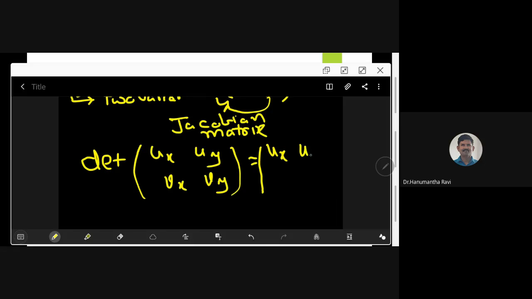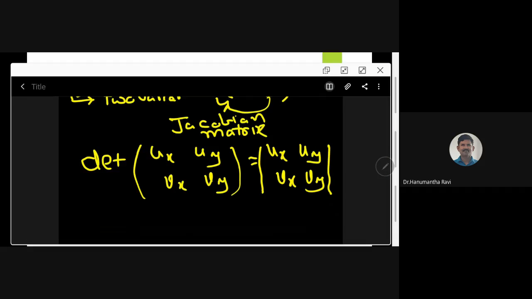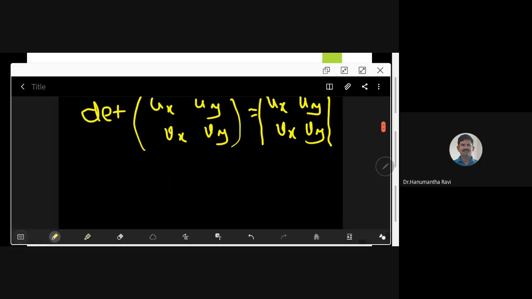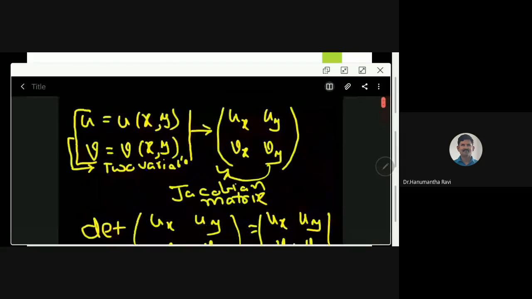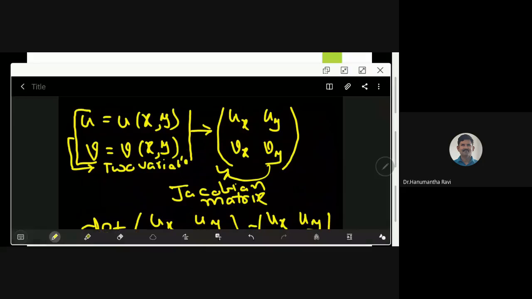Sometimes, since this is a real valued function of two variables, we represent this like this, and some people write this as j.